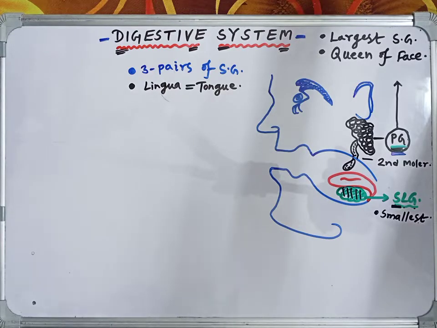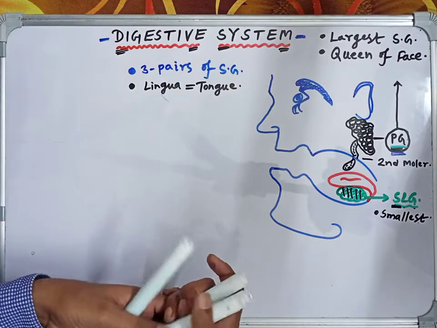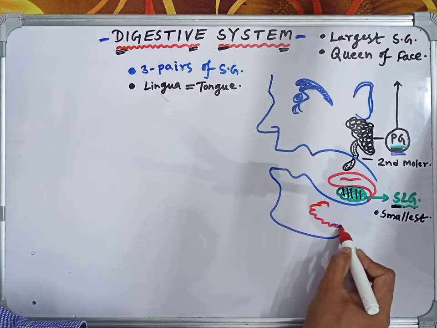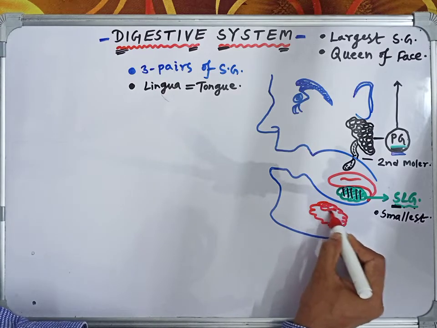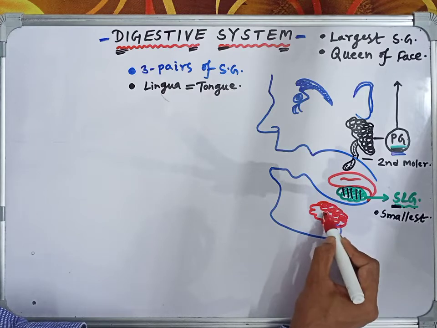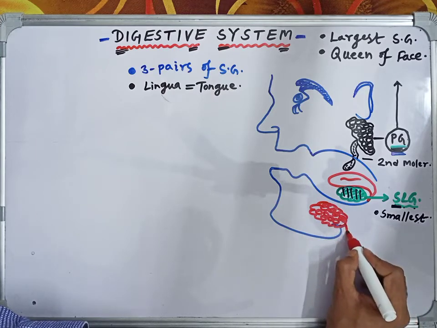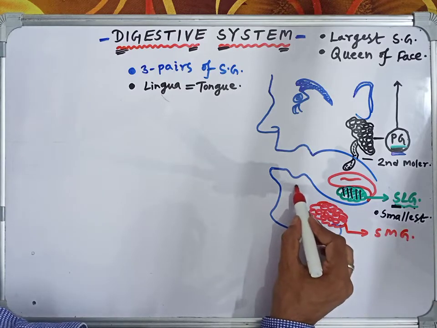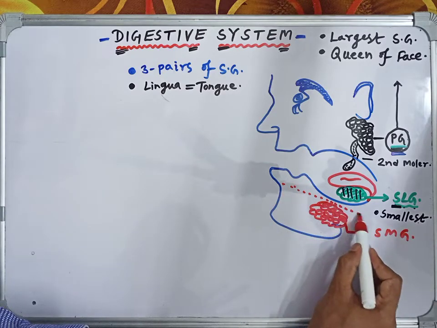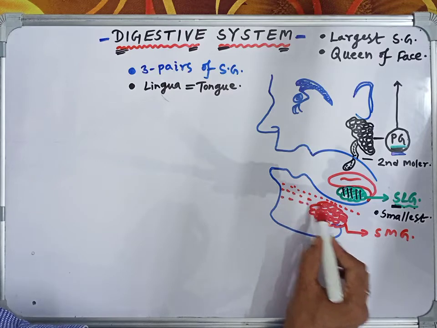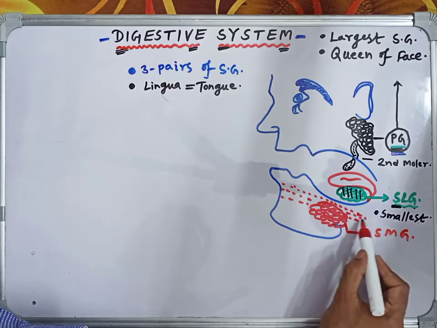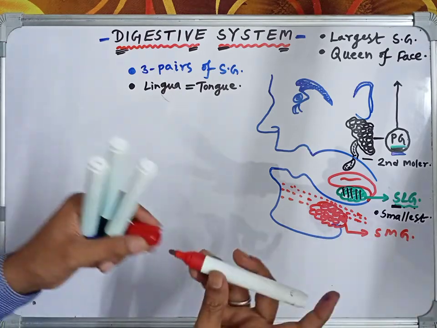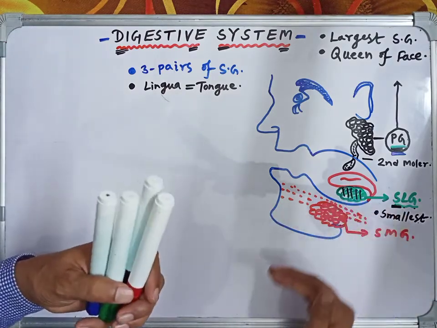And another salivary gland present in our mouth, in our face, is called the submandibular gland. This salivary gland is called submandibular because our lower jaw bone is called the mandible, and this submandibular gland is situated below the mandible.